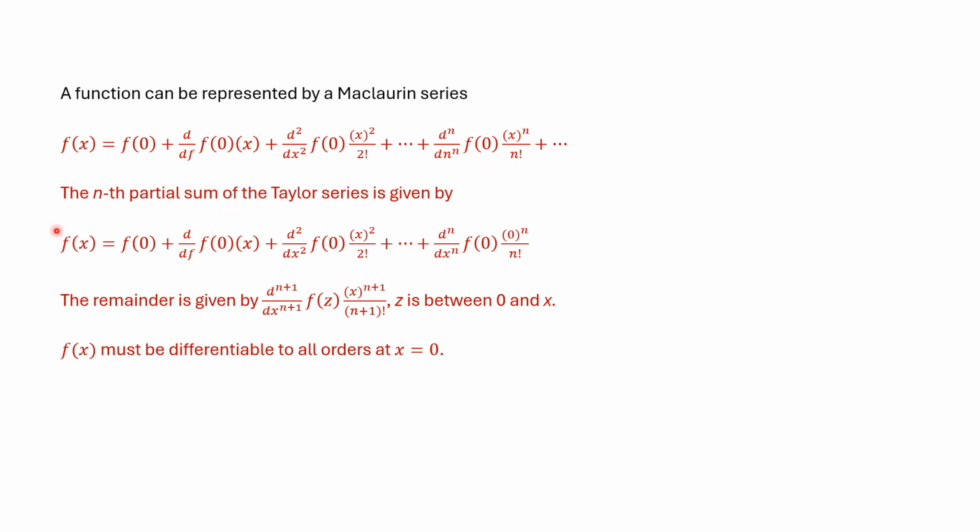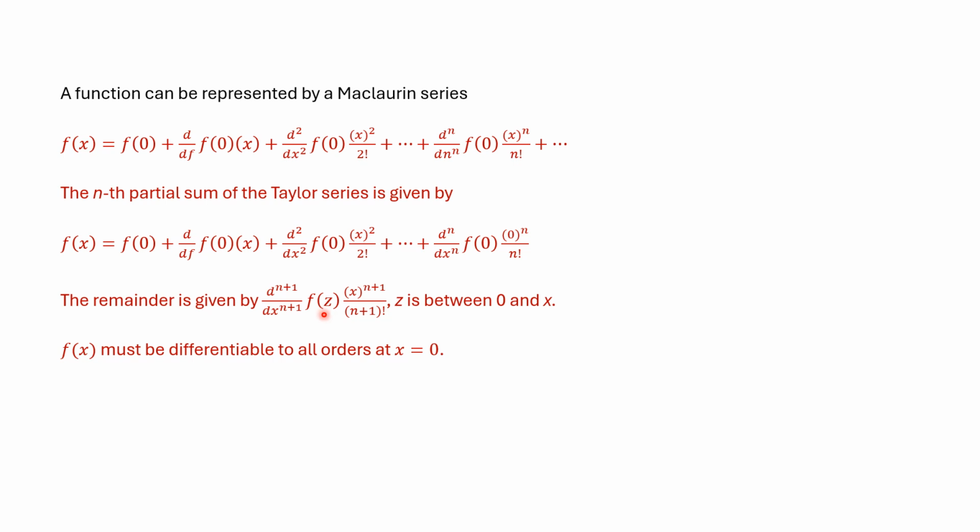And so here we can take the n partial derivatives just like we did a few minutes ago and end up with the number of terms we would like. The remainder looks the same. Here, between 0 and x, we'll pick our z instead of between 1 and x.